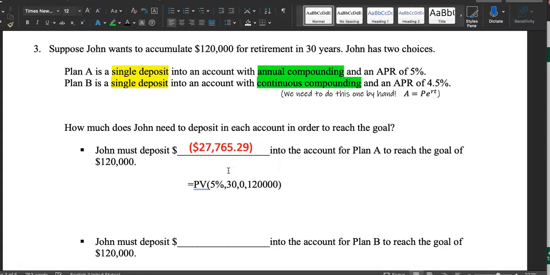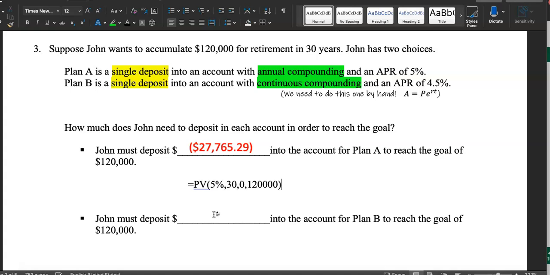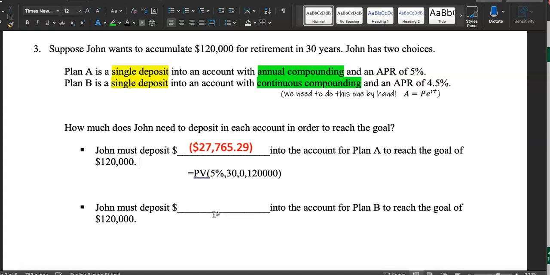So if he goes with plan A, that's how much money he should put in his bank account. Pretty nice, right? He puts that much in, and that $27,000 will grow into $120,000 just earning interest. So that's what you will do for plan A, where we can use the payment function.